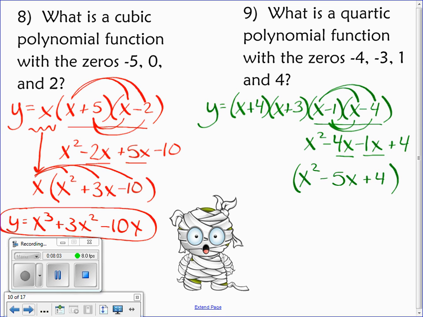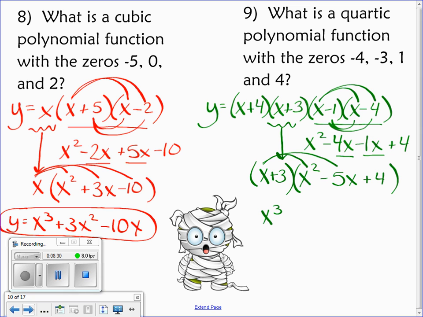You could multiply the first 2. It's an option. If I want to stay consistent to what I was doing over here, what would I do? I'm going to bring the x plus 3 down. And I'm going to multiply those. You're a popular person. All right, here we go. Let's multiply these. X times x squared.